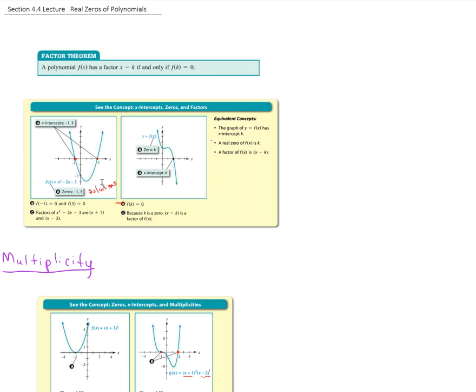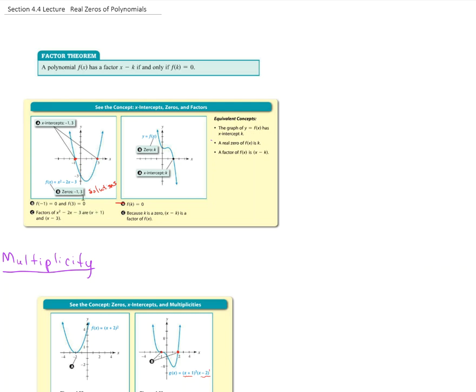So let's look at this picture. Here is a polynomial. It happens to be a quadratic. Here are your x-intercepts at -1 and 3. So those are the zeros, the solutions. The factors are when you put it in x minus whatever those numbers are. So this would be x minus a -1, which would be x plus 1.